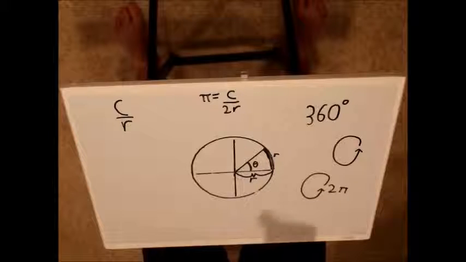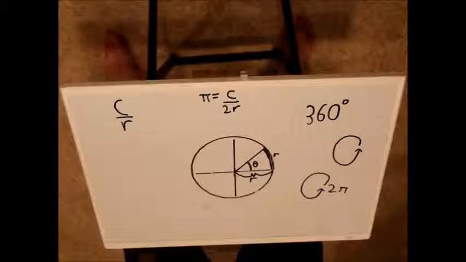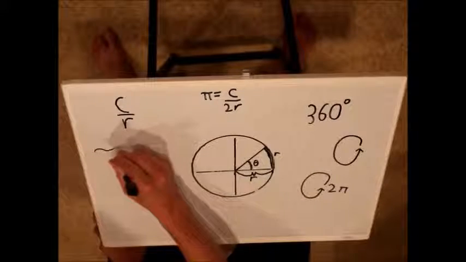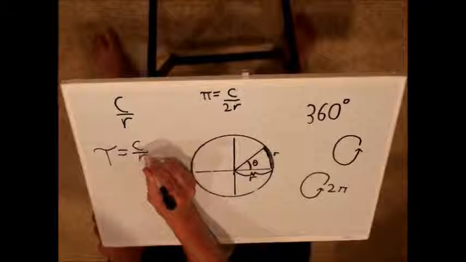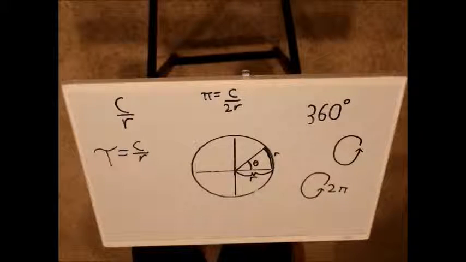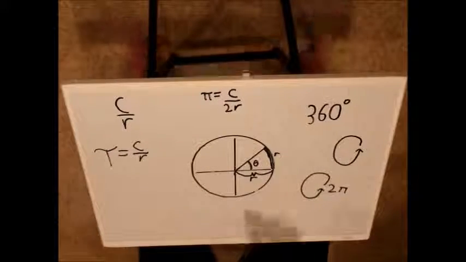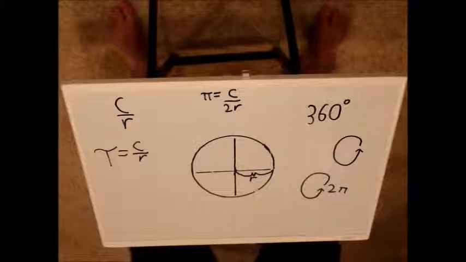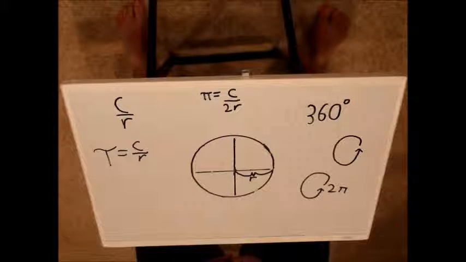However, before I write anything down, I'm going to remind us about tau, tau being defined as circumference divided by the radius. This is going to make things a lot easier, because I'm just going to erase some stuff quick. Alright, so anyway, using tau, everything is going to be much simpler.